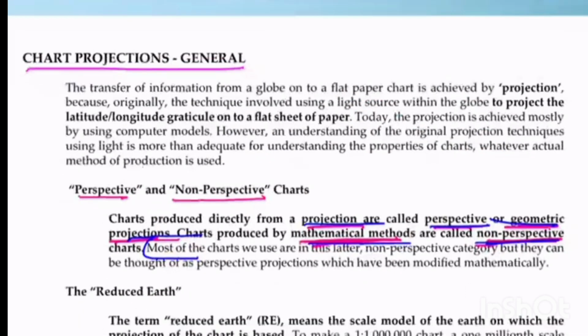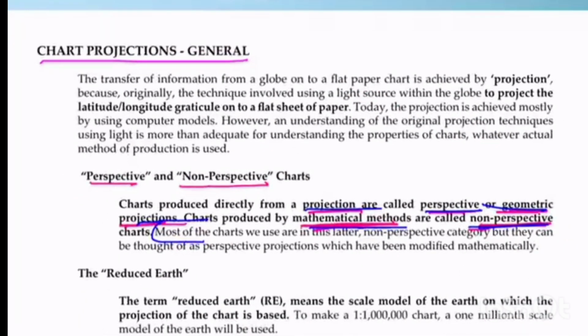Okay, Shasha, can you read? Yes, sir. Chart projections, general. The transfer of information from a globe onto a flat paper chart is achieved by projection because originally the technique involved using a light source within the globe to project the latitude or longitude graticule on a flat sheet of paper.